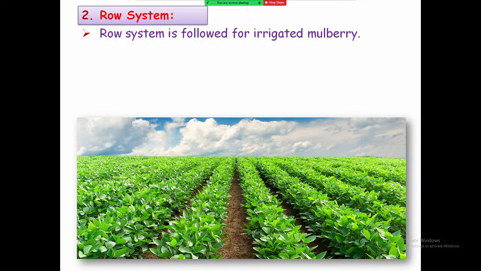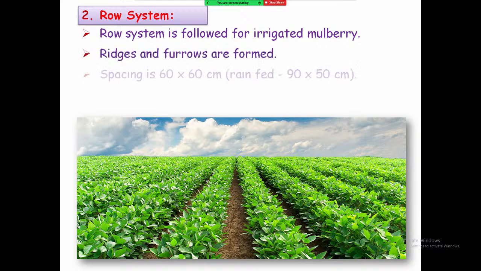Okay, here we can make the vegetation furrow. Okay, and then we maintain the spacing of 60 into 60 centimeter, means row to row and plant to plant. Plant spacing is row to row 60 and plant to plant 60.